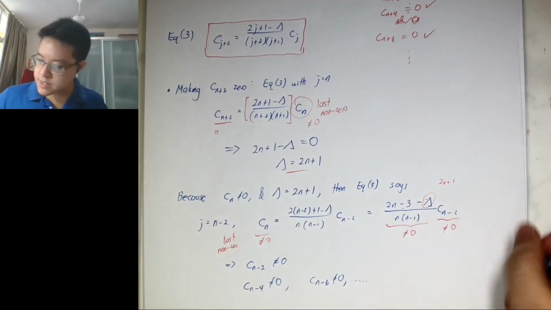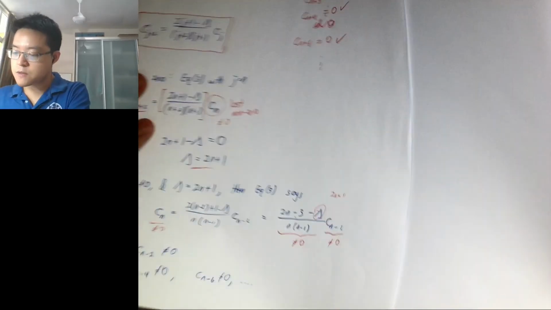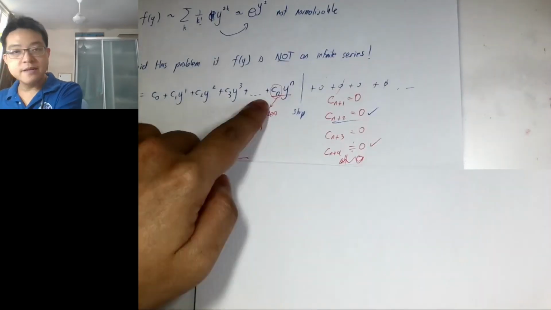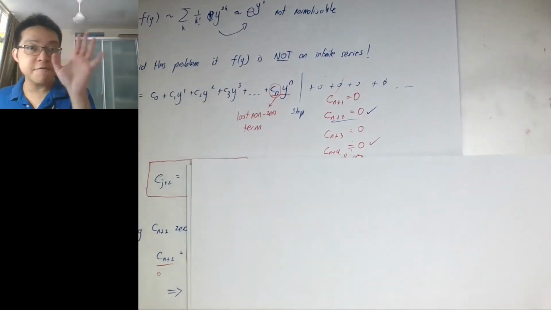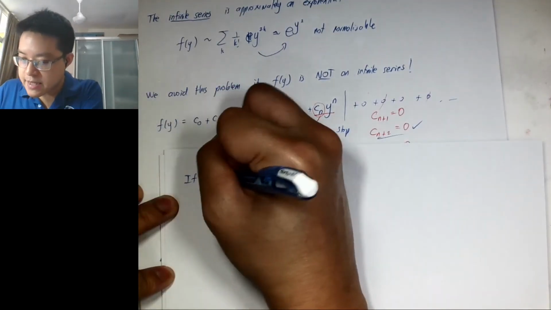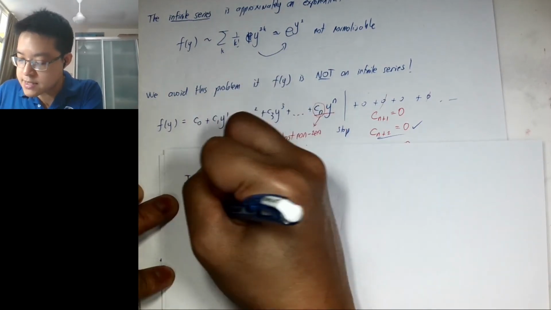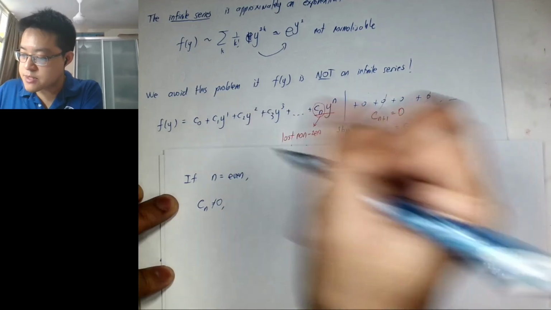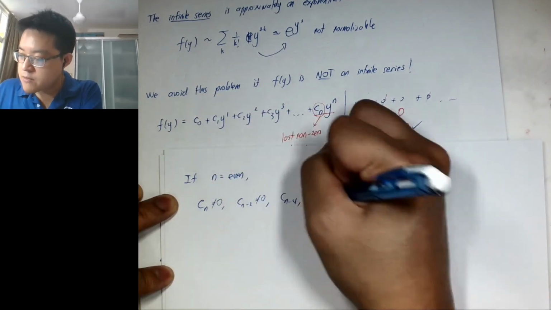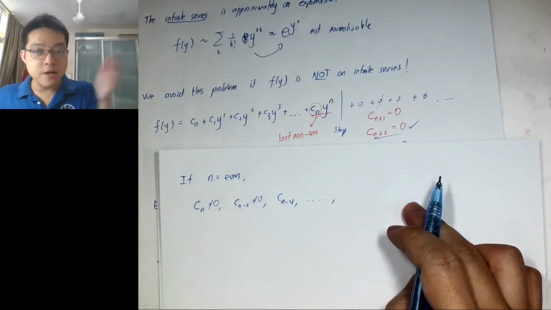Okay? So this is page 6, right? This is page 7. So our conclusion is that it depends on n. Now, if n is an even number, we have concluded that Cn is the last non-zero term, so it's not 0. Cn minus 2 also non-zero. Cn minus 4, right? If n is an even number, where will it stop?